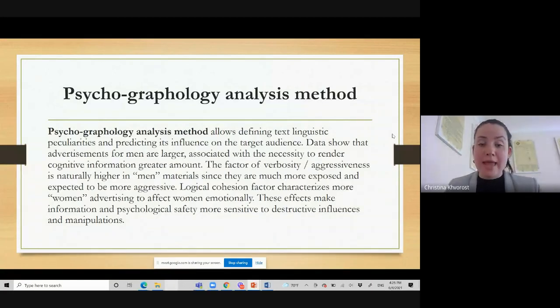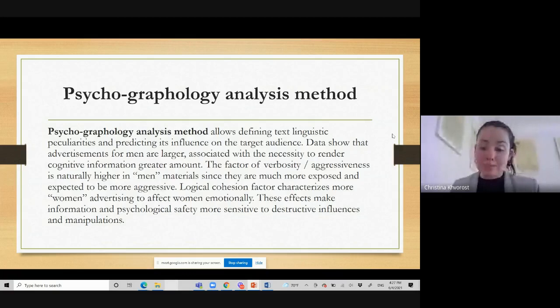The factor of verbosity and aggressiveness is naturally higher in men's materials, since they are much more exposed and expected to be more aggressive. The logical cohesion factor characterizes women's advertising more, to affect women emotionally.